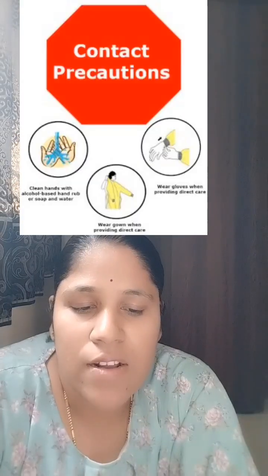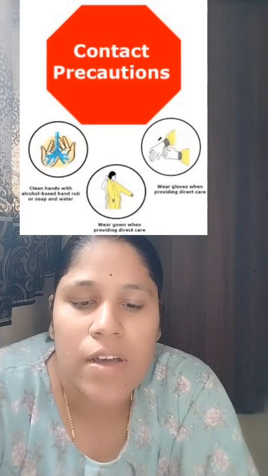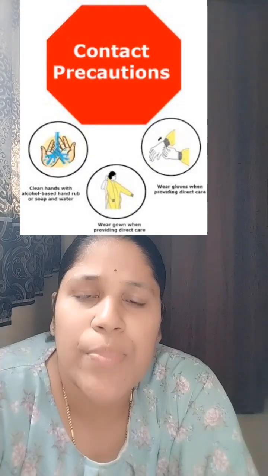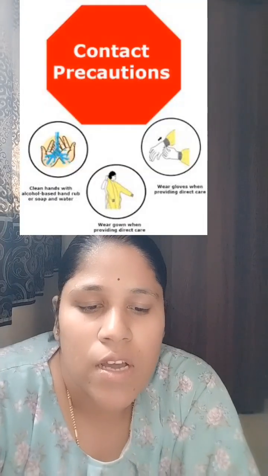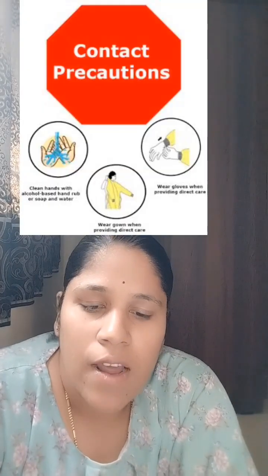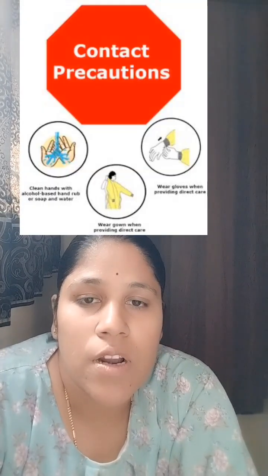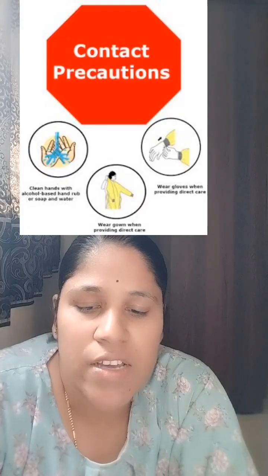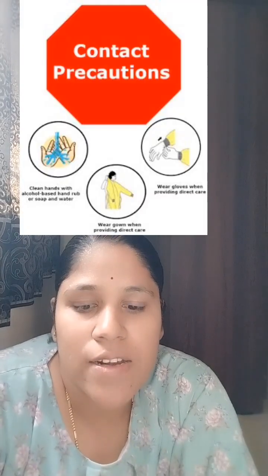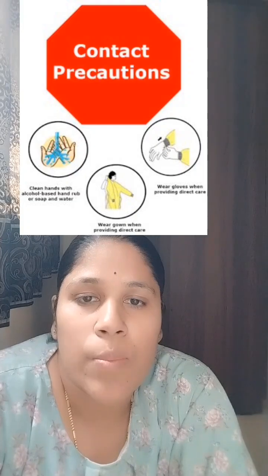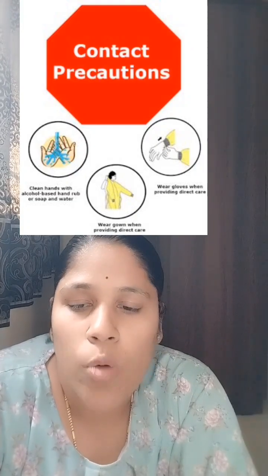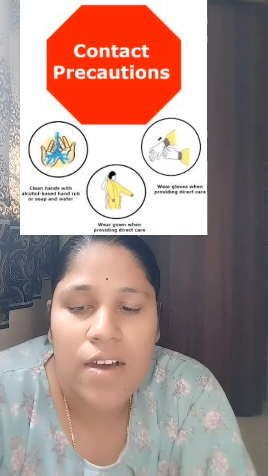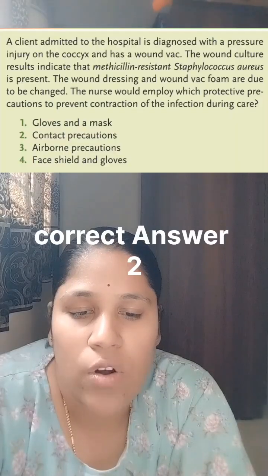With this recall, we can take precautions to use gloves and gown for routine care, and we can use gloves, gown and face shield if any splashing is anticipated during the provision of care. So the option here is the second, that is contact precautions.